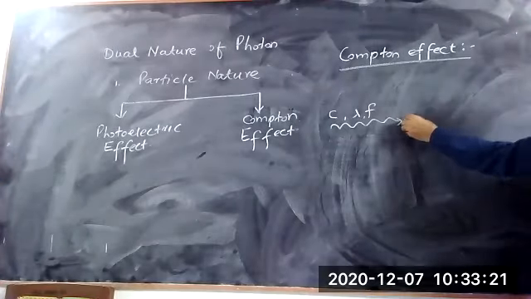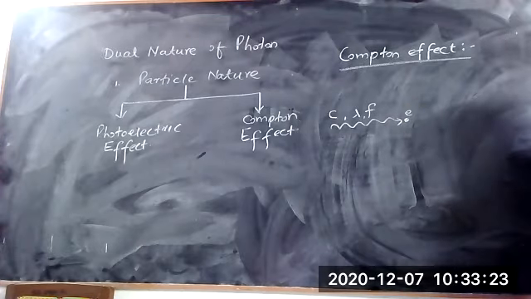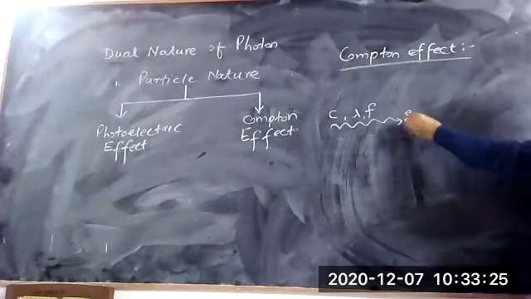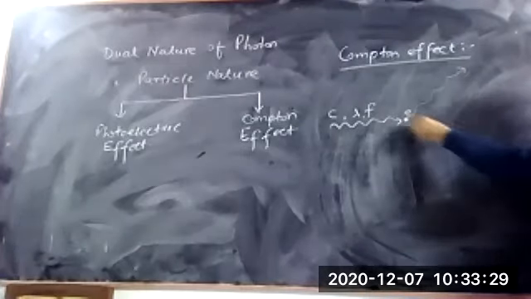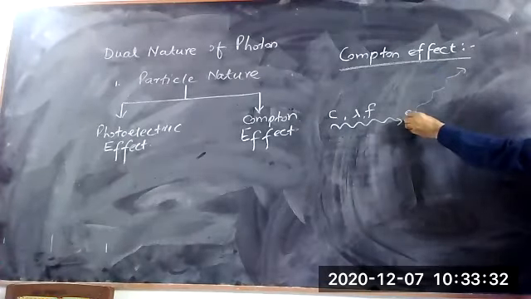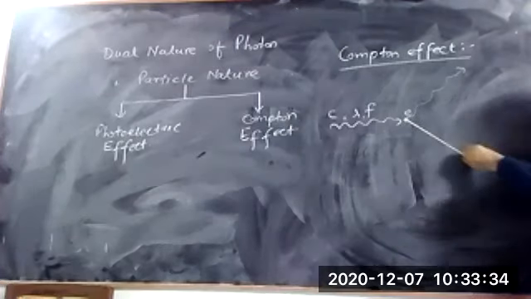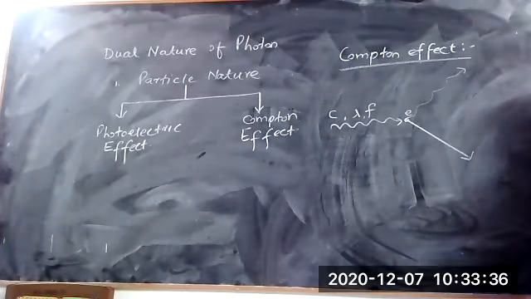When it strikes the electron at rest, as a result, the photon is scattered at a certain angle and transfers energy to the electron. As a result, the electron is scattered at a certain angle.